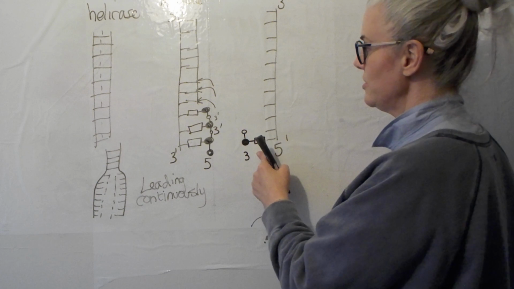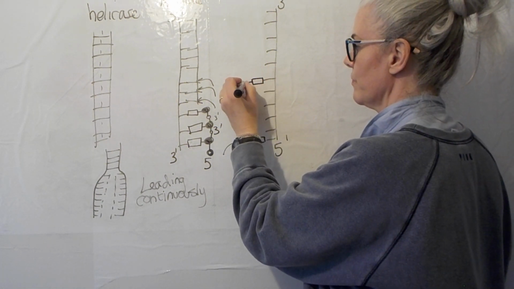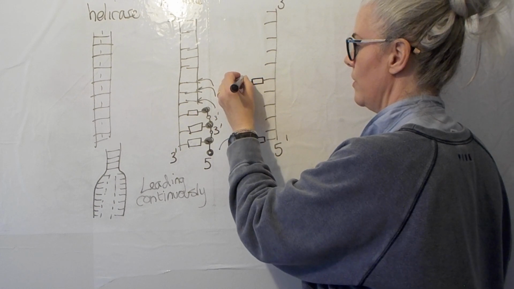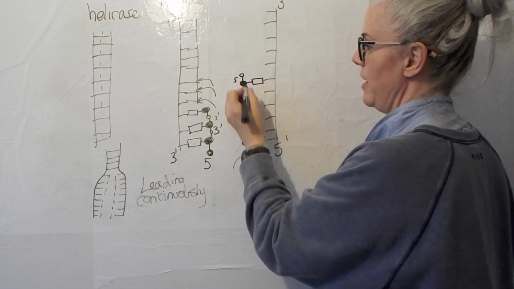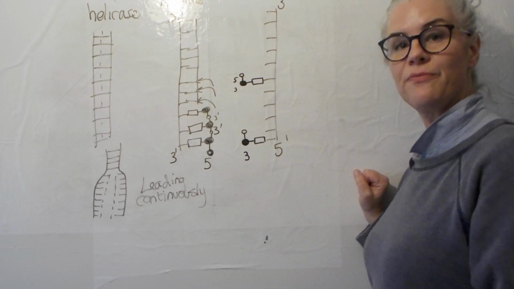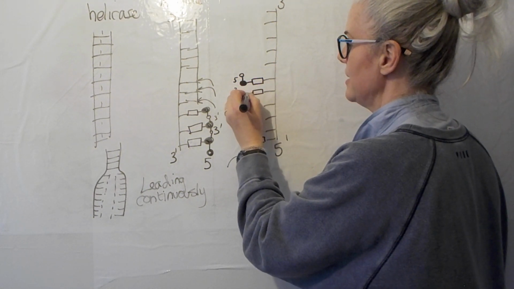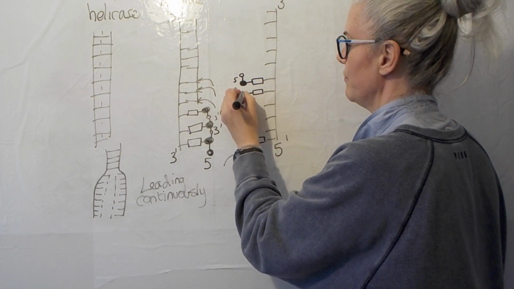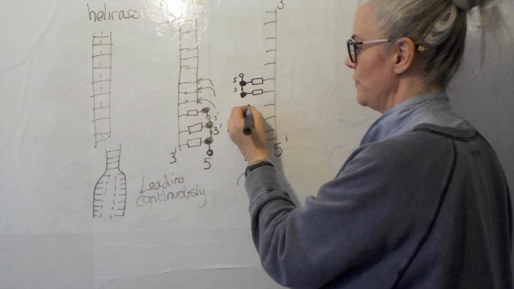So what polymerase does is it jumps forward. So this is the 5th carbon there. This one would be the 3rd carbon. So we have a 3' end that is kind of free, if you like. So what happens is polymerase adds in the next one, like that, and then it moves to the next one.